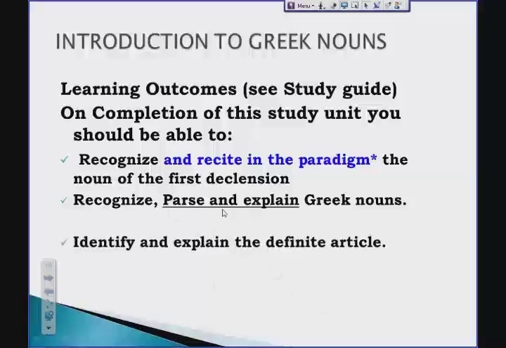Right? You must be able to identify and explain the definite article, die ledwoord in Afrikaans. KK, you know what a definite article is? You spoke about this last week? No. What is a definite article? The book.